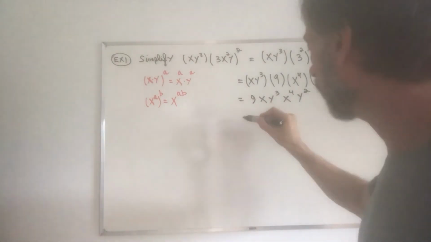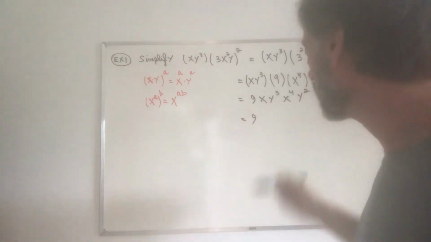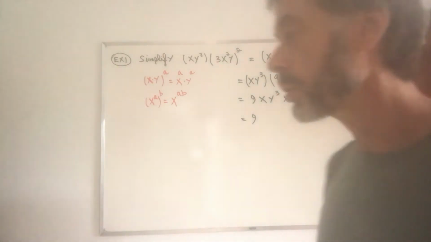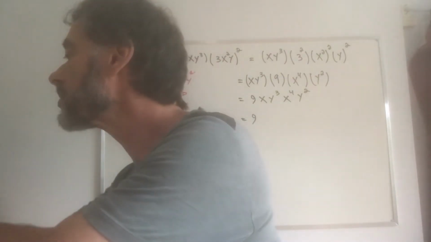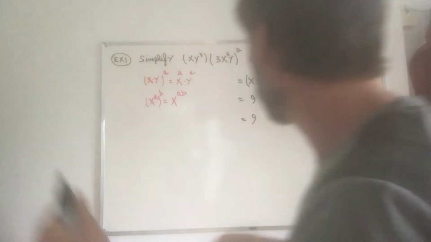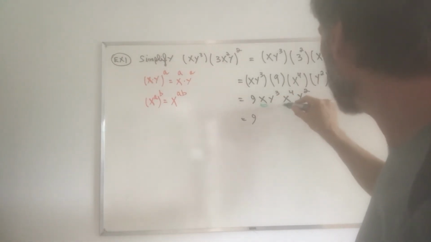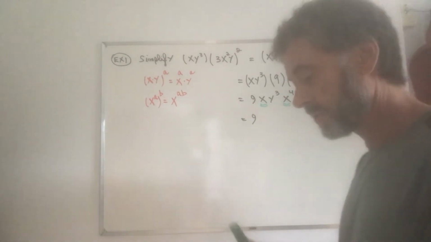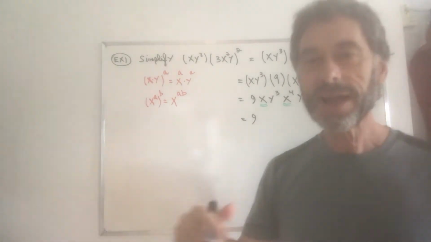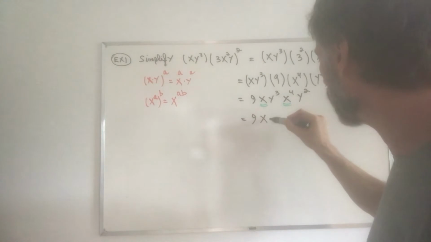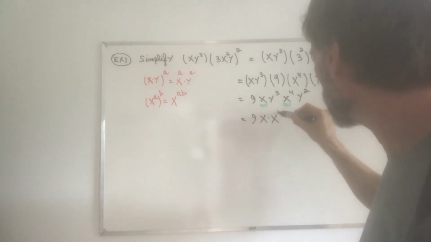So now I'm looking for what are called like terms. In French, les termes semblables. What are the like terms? Here I've got an x to the 1, and here I've got an x to the 4. That's an extra step that you don't have to do, but I'll do it for the sake of argument: I've got x times x to the 4.